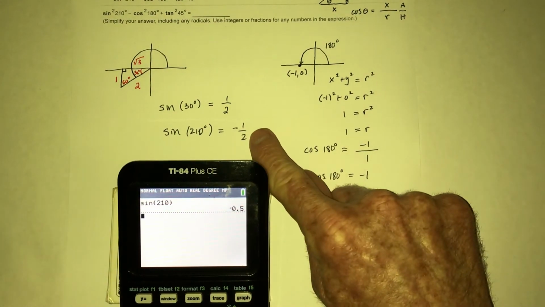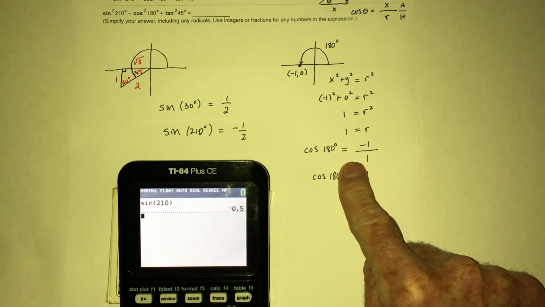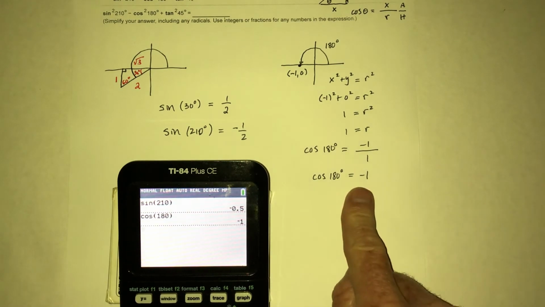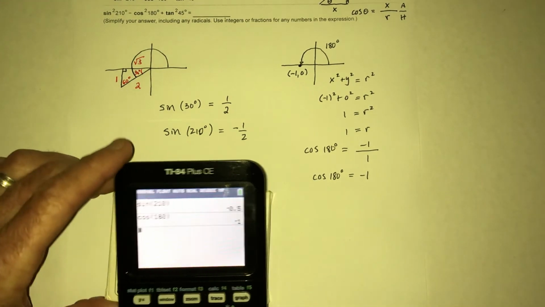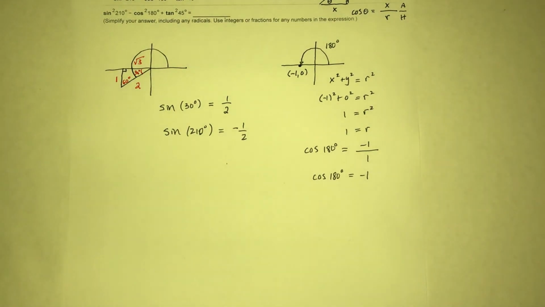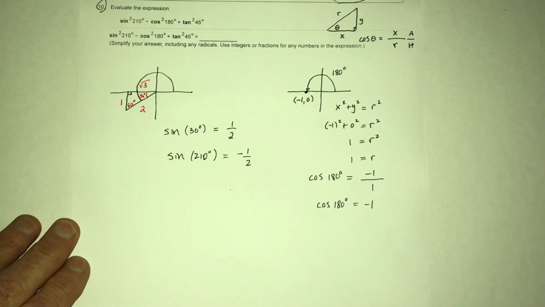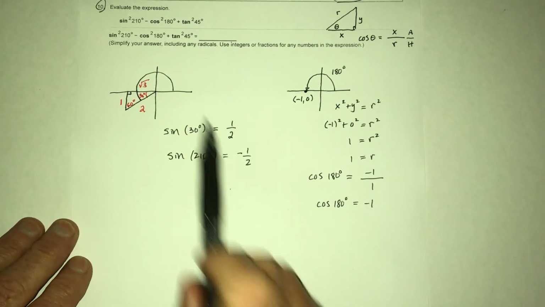So this part is right. Then what about this part? Cosine of 180 equals -1, so that part's right. Okay, I just took a little break to adjust the color because it looks sort of dark. Okay, what about this one?